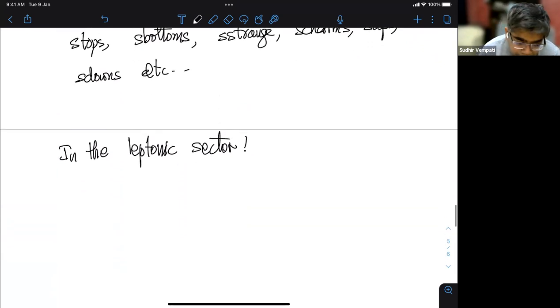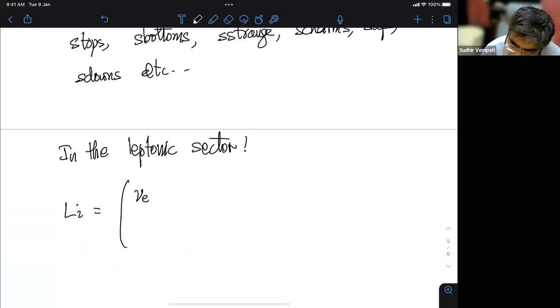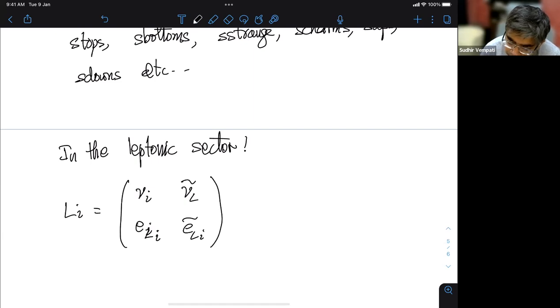In the leptonic sector, we have Li, which contains the left-handed neutrino and the corresponding charged lepton.